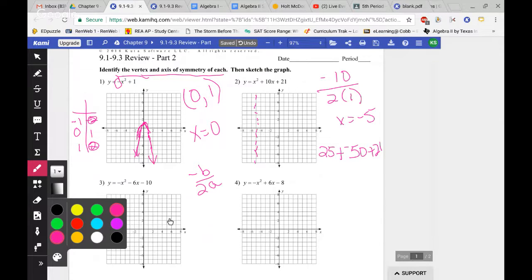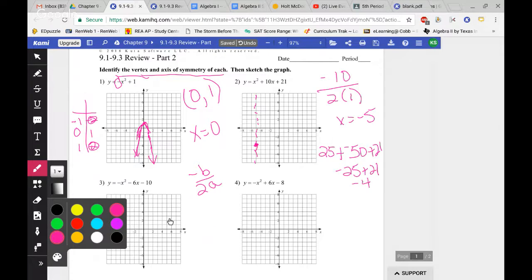So 25 plus a -50 is -25 plus 21 is -4. So my vertex is -5, -4. So it's right there. And then you sketch the graph.